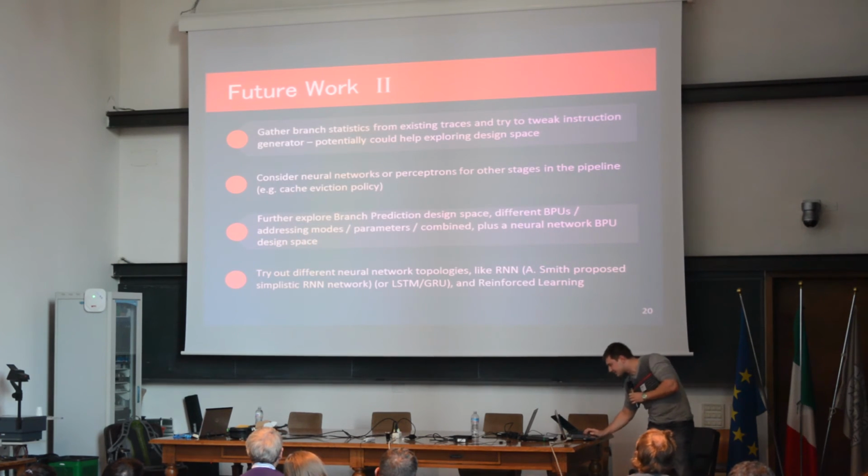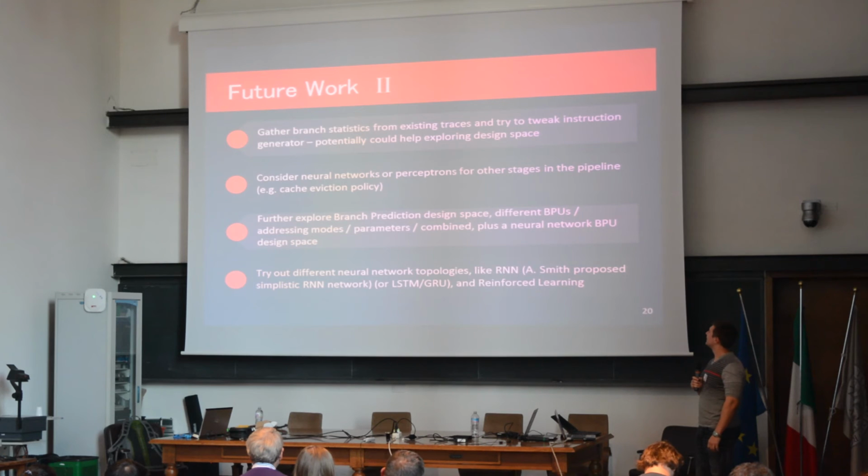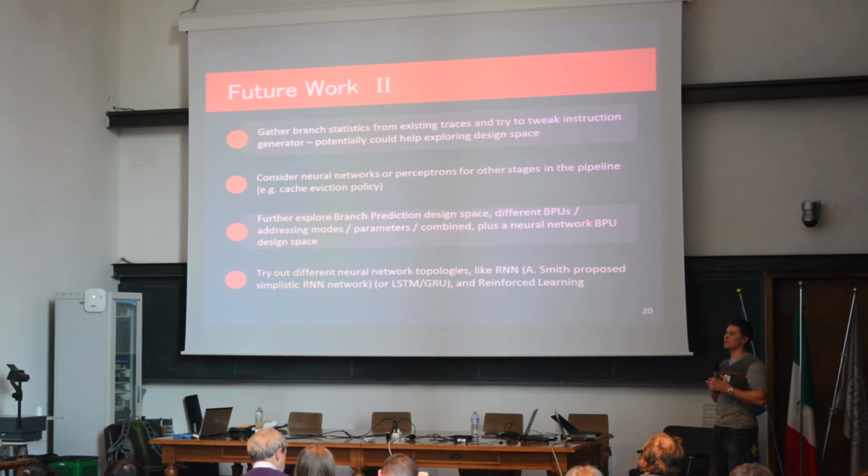Additional items for the future work are to fix the generator and try to gather statistics on some known traces and see if the predictor results will match. Based on that, we can see if it can be used to further understand what makes each predictor better in terms of the code.